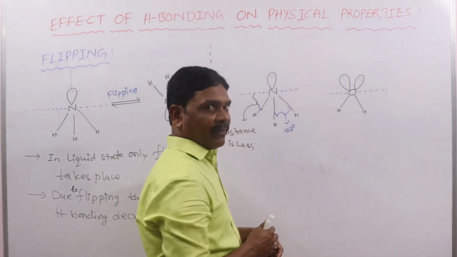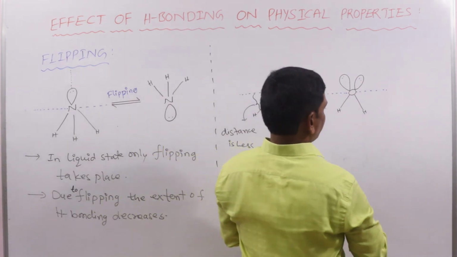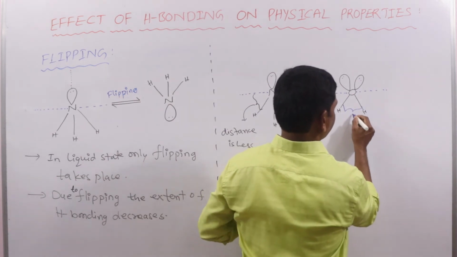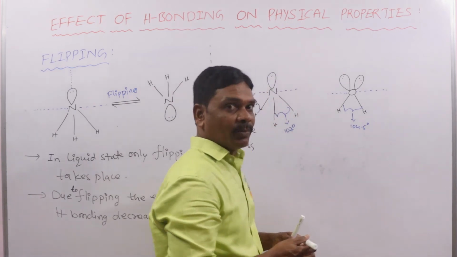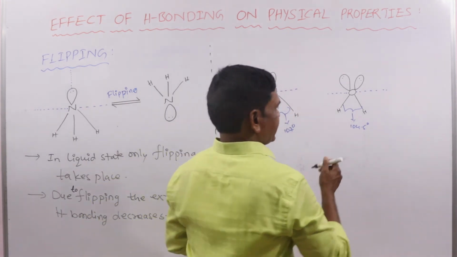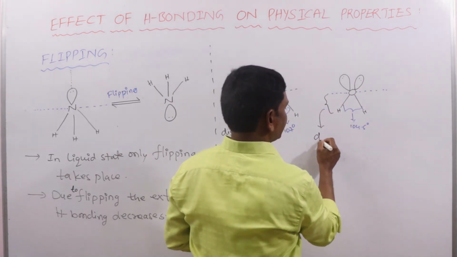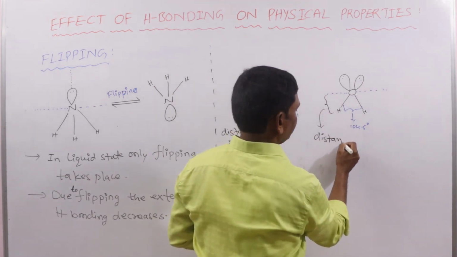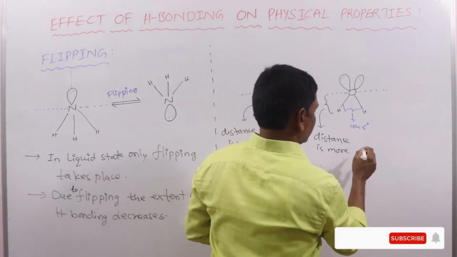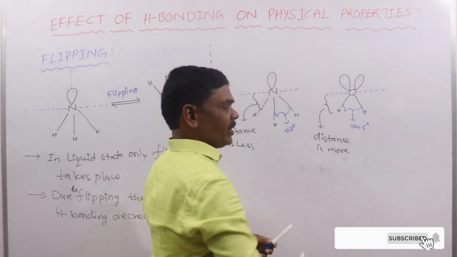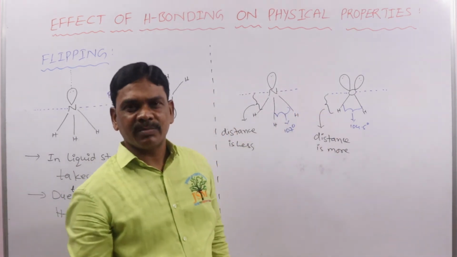Whereas in case of the water molecule, the bond angle between these two hydrogens is 104.5 degrees, and the distance between this hydrogen and this plane is more. So in the water molecule, no flipping takes place.